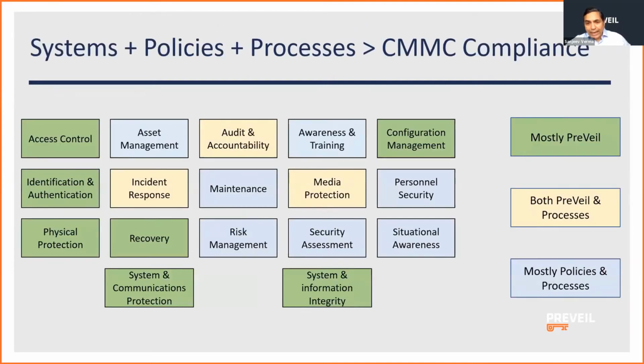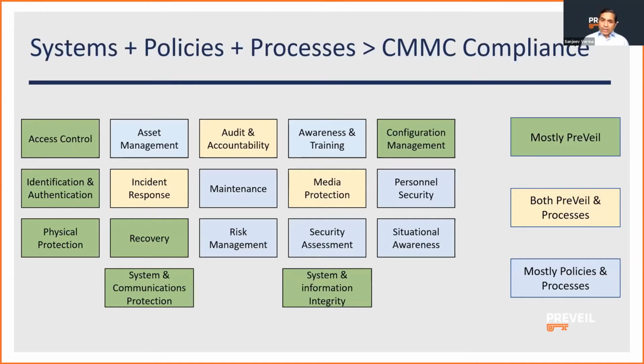As an example, in this chart I'm showing Prevail: when you deploy the platform, you get compliance with the domains in green, for example access control, identification, and authentication, substantively. The boxes in yellow are the use of the secure platform in conjunction with policies and procedures that you have developed and that are part of your SSP. And the others in blue are policies and procedures.